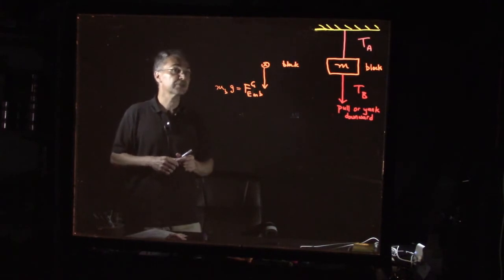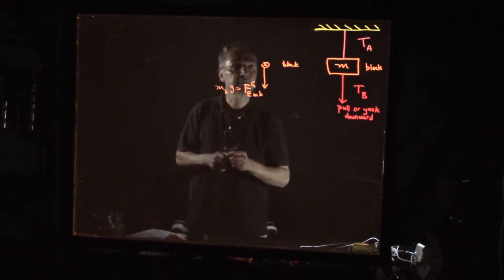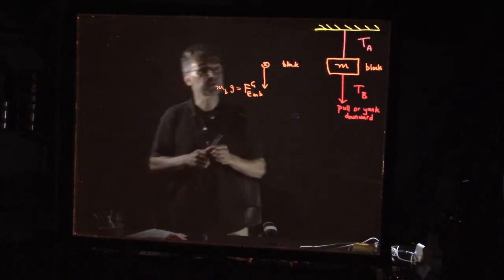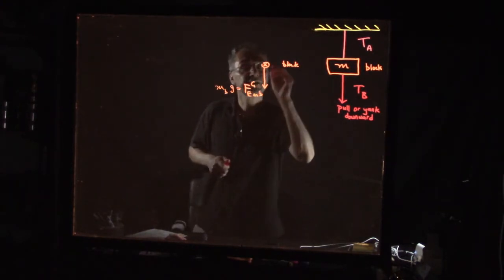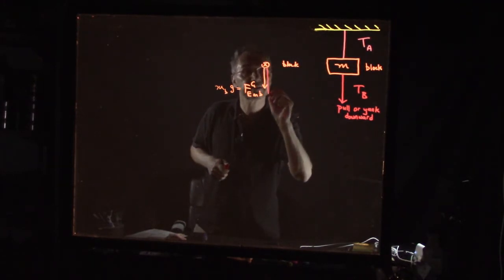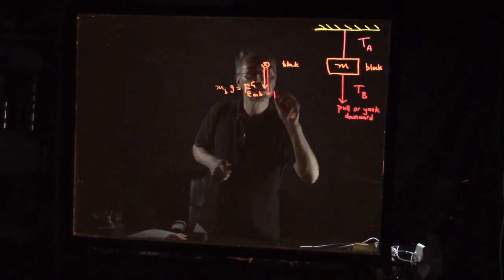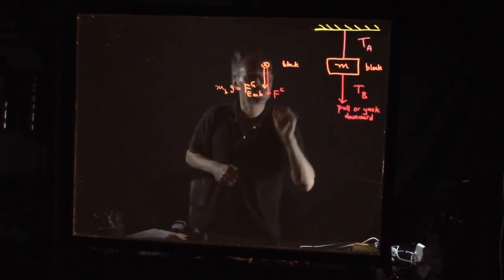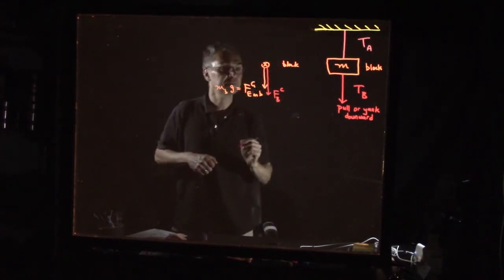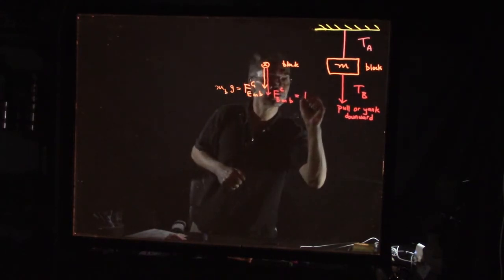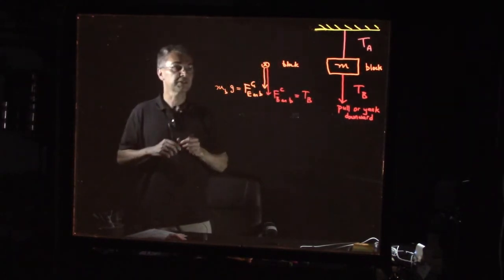We don't know exactly how hard I'm pulling, but let's say I'm pulling with some decent fraction of the block's weight, with a force kind of like that. This is the contact force by string B on the block, and that force equals the tension in string B.